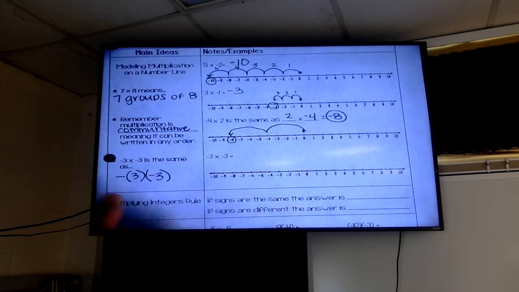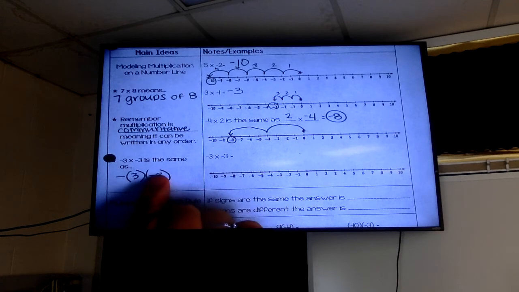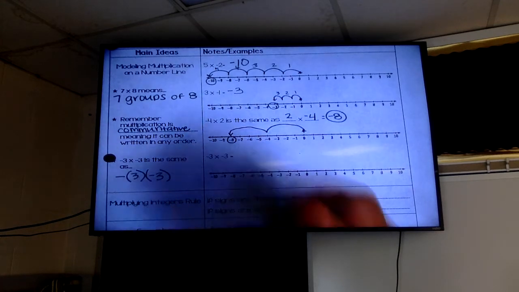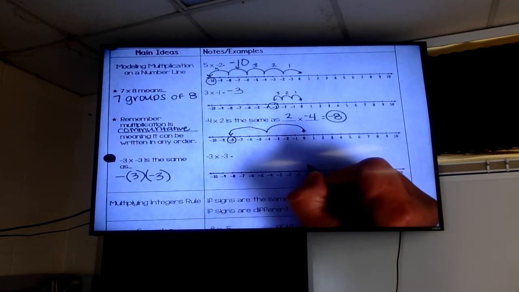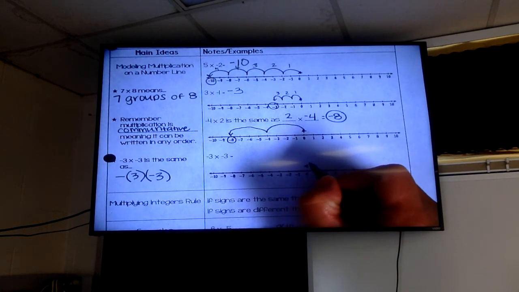And what this is saying is the opposite of 3 times negative 3. Remember, numbers right next to each other in parentheses means to multiply. So let's try that. If I start at 0, that's saying 3 groups of negative 3.